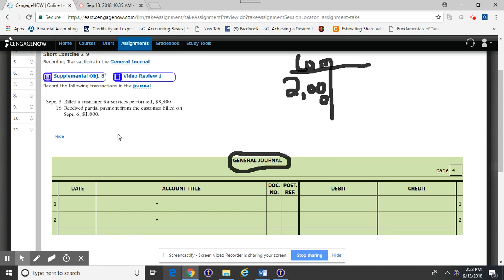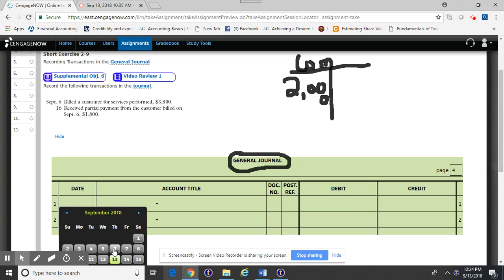Okay, so let's go back to it. What happened here? We bill a customer. So when you see that word bill, what you should be thinking about is accounts receivable. Bill a customer, that is an accounts receivable. So we did some work, we billed the customer for the work that we've done. Customer hasn't paid us yet, so the customer owes us.